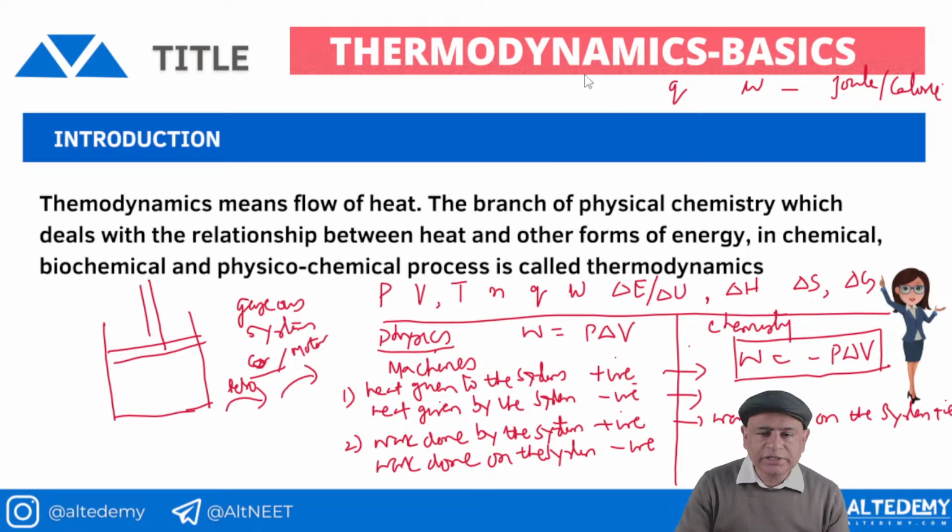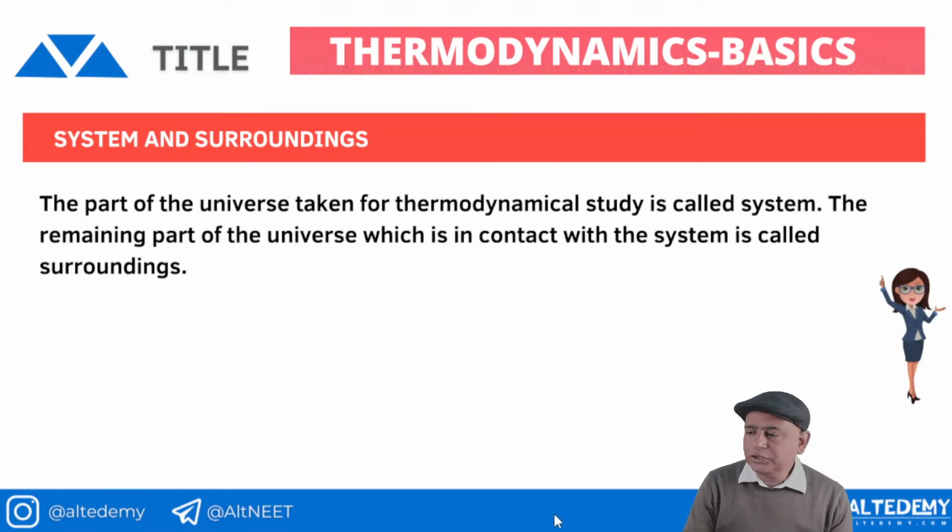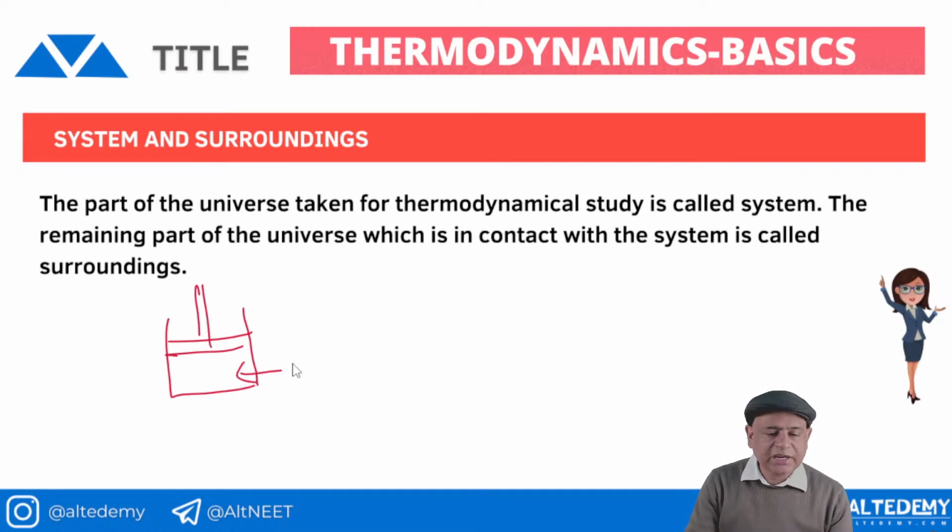Let us first try to understand the things from the very beginning. Look here. We will always talk about system and surrounding. As I told you, we have a container, a movable piston, some gas inside it. That's a very rudimentary, very basic structure that we handle as far as thermodynamics is concerned. So this entire volume of this particular substance, the piston, the container, all those things, the heating equipment, we are heating this substance, and this entire thing will be called the system.